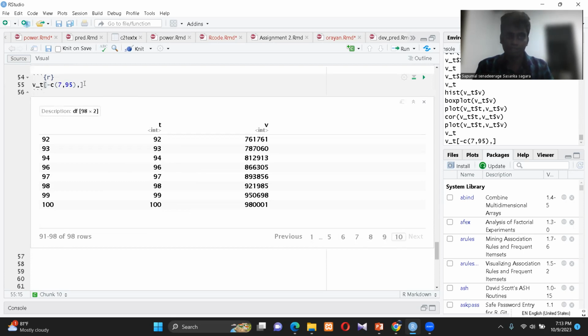There is one more method, that is, we can say row v underscore t dollars velocity, or even you can say these.